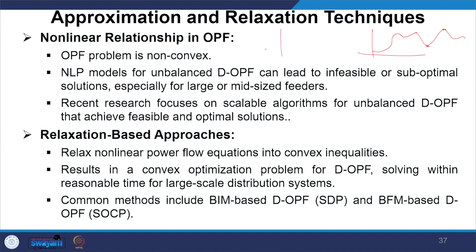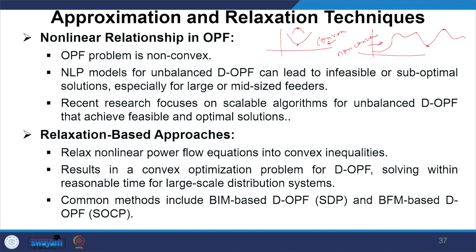If the function simply has a single optimum, either this or this, it is known as a convex characteristic. Okay, so this is my convex and this is my non-convex.